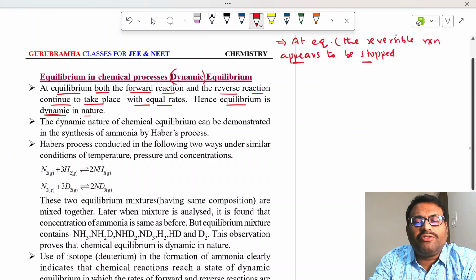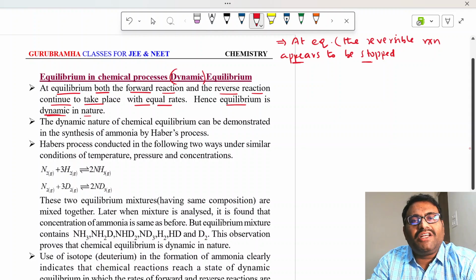It appears to be stopped because its physical properties like color and concentration remain constant. As they remain constant, at equilibrium the reaction appears to be stopped, but actually the reaction does not stop.